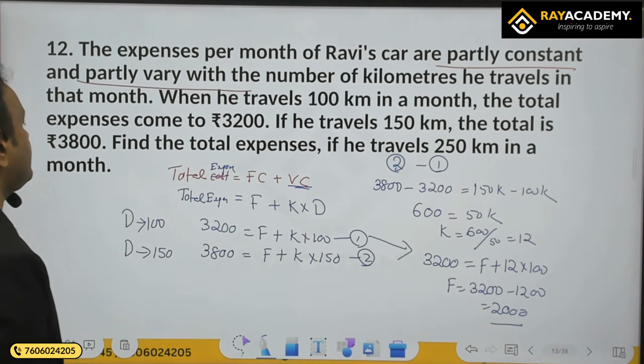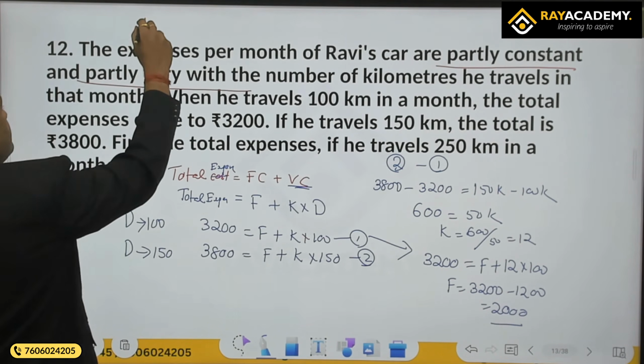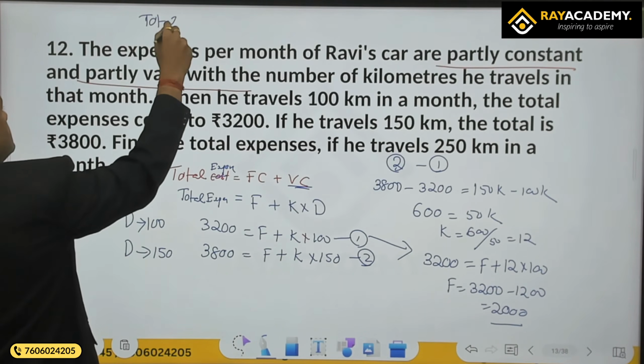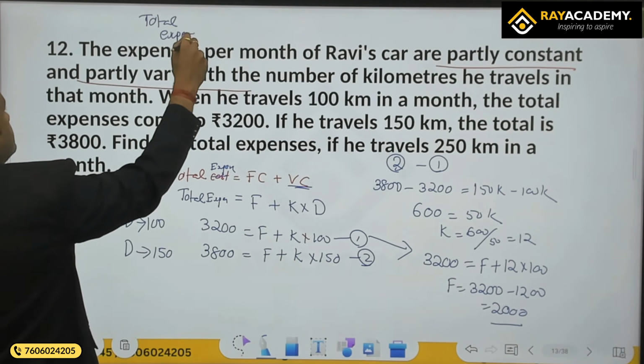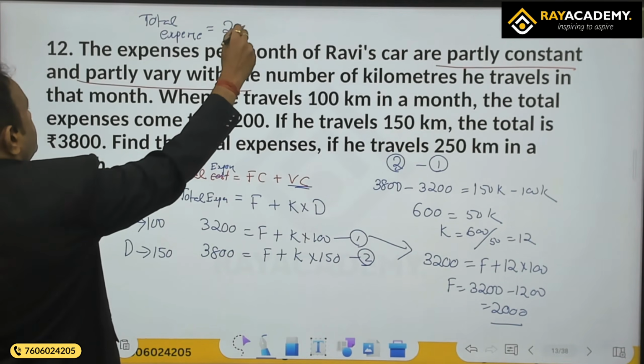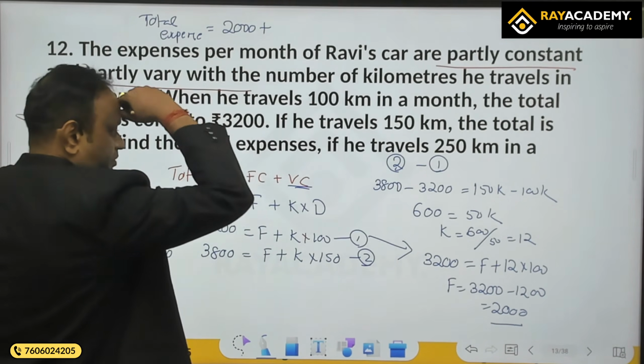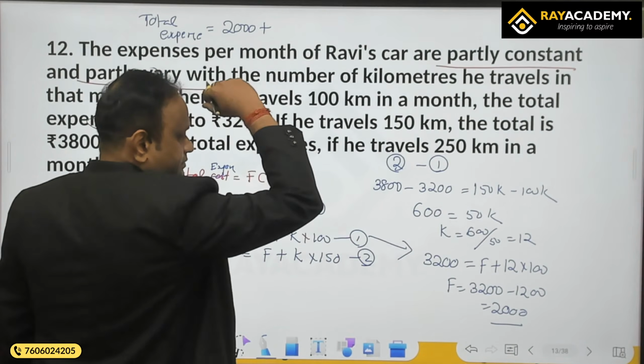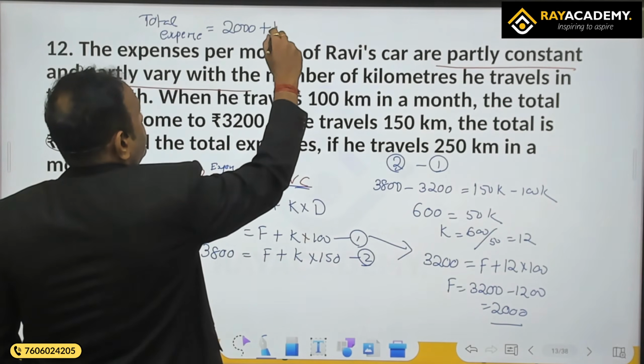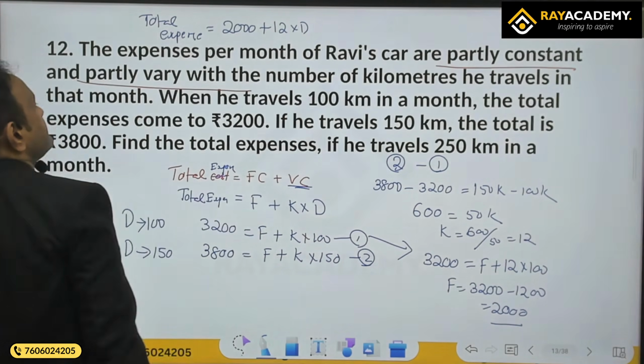So the total expense is 2000 plus 12 into d. D is the distance.